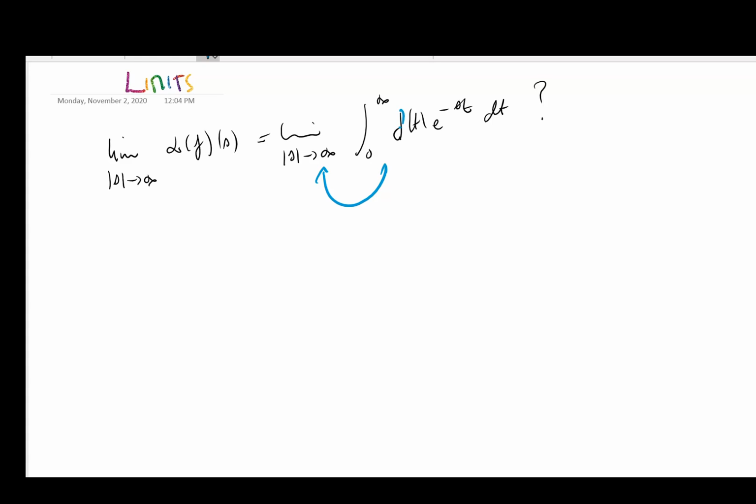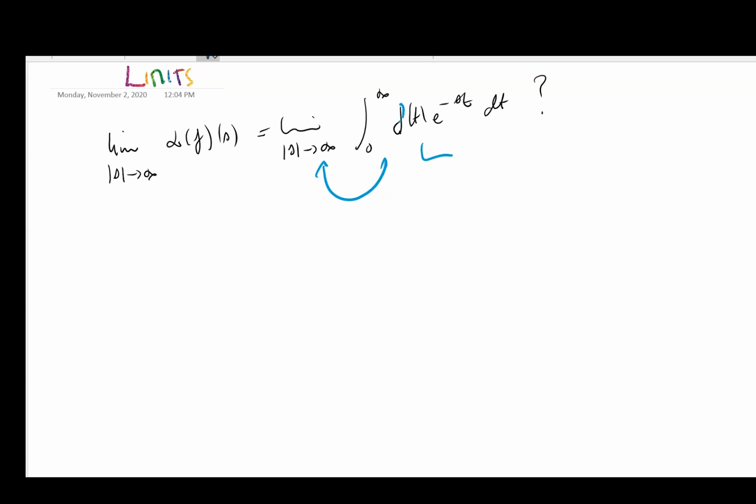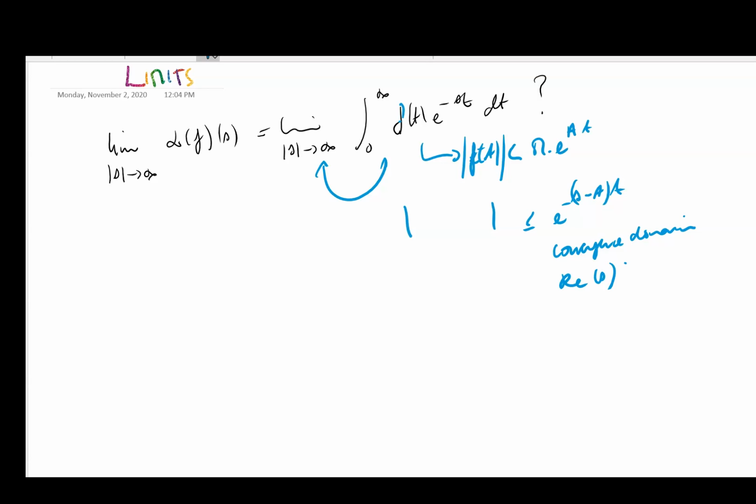We took actually the correct assumptions to say that e to the minus a t times f of t was smaller than some constant, so that the whole stuff would be smaller than e to the minus s minus a times t, and we said that the convergence domain was real value of s greater than a.